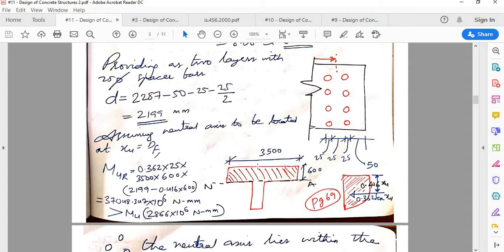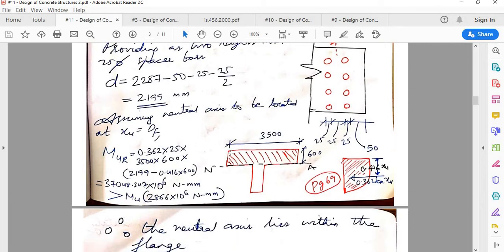So let us assume that the neutral axis is within the flange portion. So we have to verify the assumption. How to verify the assumption? We are assuming that neutral axis is located at the interface between flange and web.